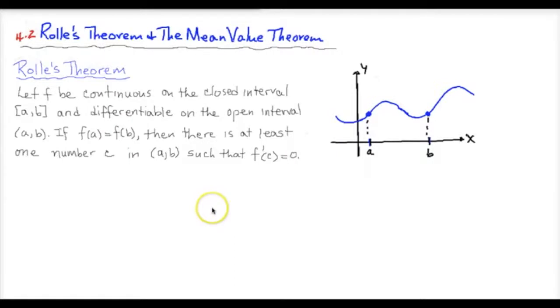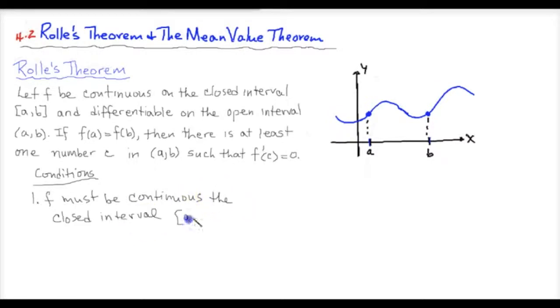Okay? So when we're looking at theorems in mathematics, you're always going to have conditions. If we're going to use Rolle's theorem, we have to first know that 1, f is continuous. Not only continuous, it has to be continuous on a closed interval, some closed interval from A to B. Second condition is that the function has to be differentiable on the open interval.